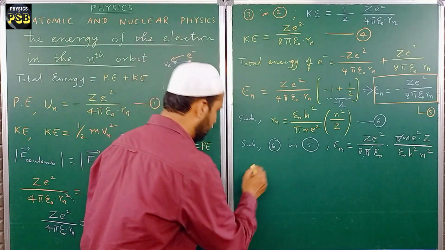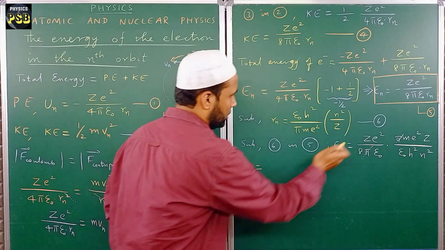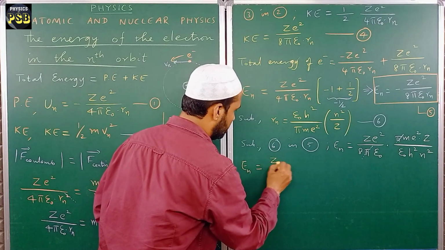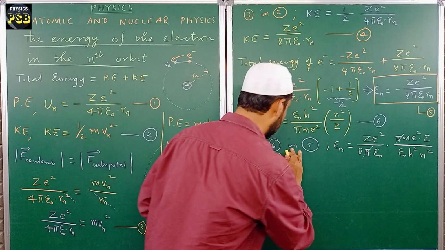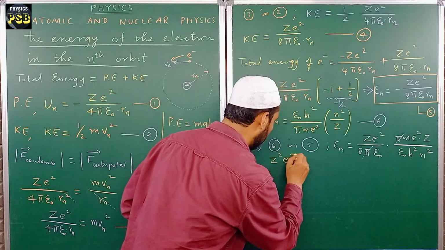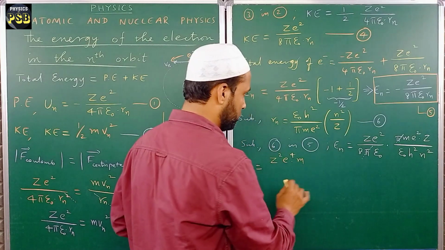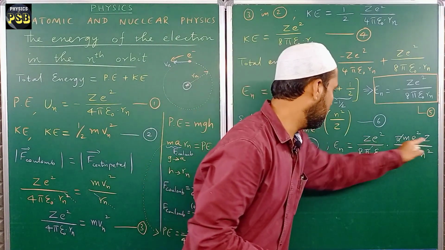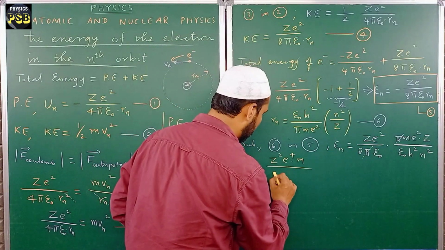Then I simplify this equation and write here En equals Z multiplied with Z gives us Z², e² gives us e⁴. Then m remains here as such, divided by the Z² m e⁴. Okay, and here I have 8.